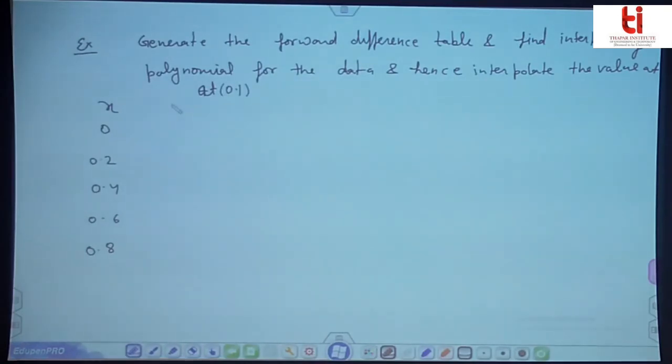The values of the function are 0.12, 0.46, 0.14, 0.90, 1.2.